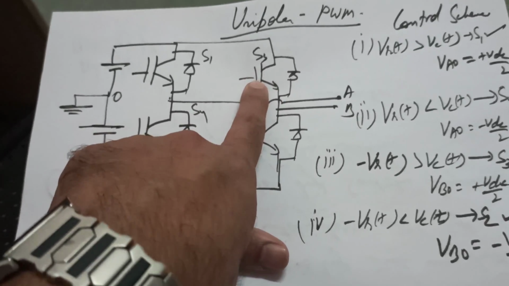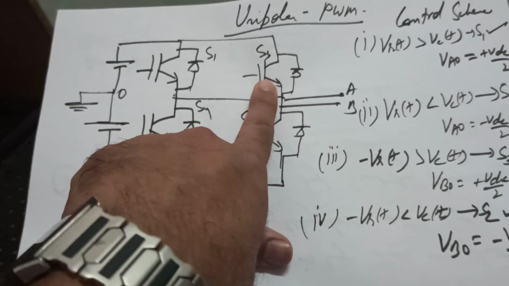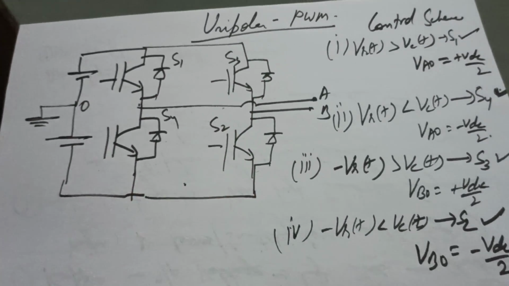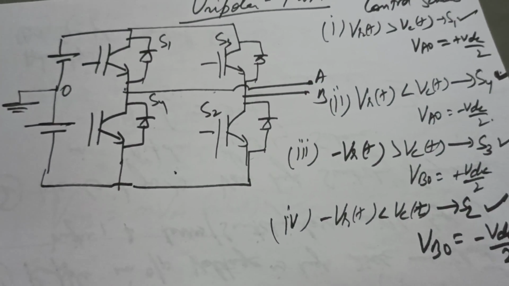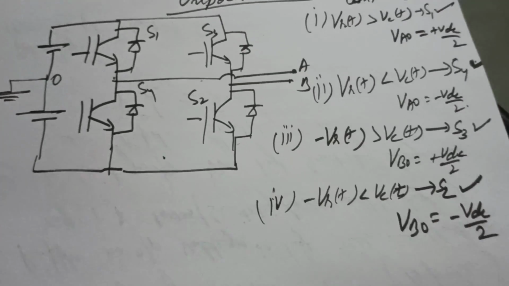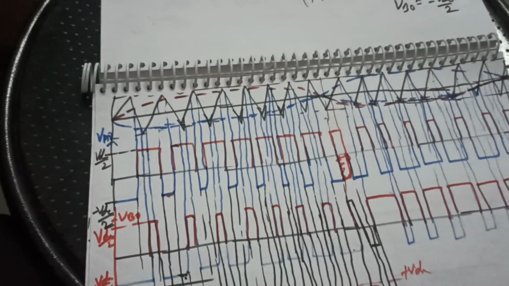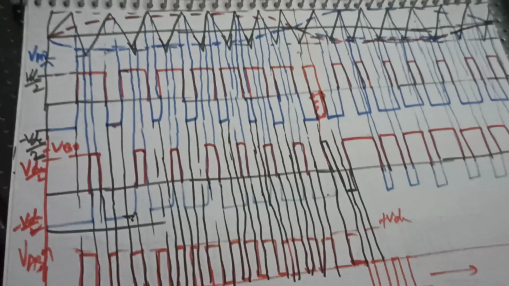We are talking about the mod. So in the negative cycle, when the mod of reference is greater than the mod of carrier, then S3 will conduct. When the mod of reference is less than the mod of VC, then S2 will conduct. Now have a look at this. I will show you the conduction.